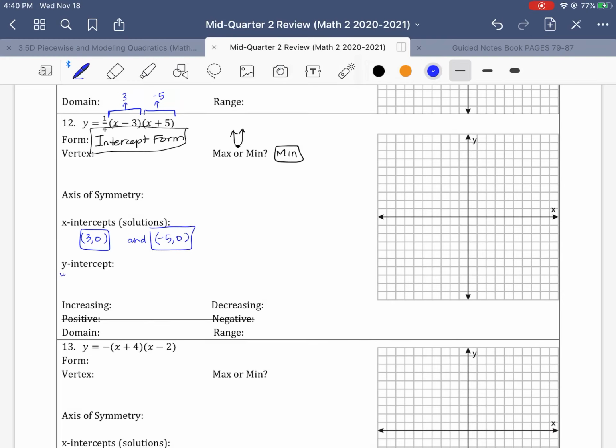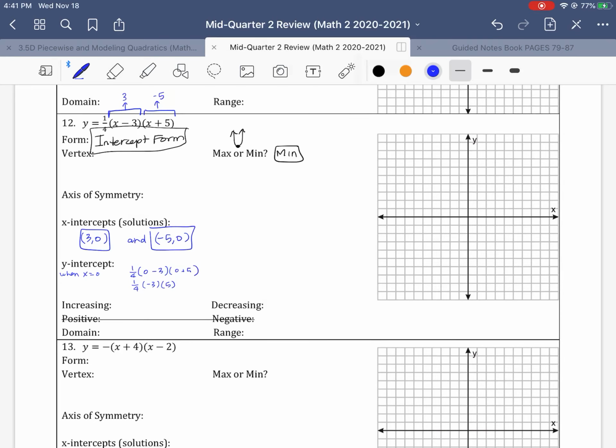And again, if I want to find a y-intercept, they occur when x is 0, just like we did on the last one. So we would just take our equation and we would put a 0 in everywhere there's an x. And if I simplify that, I get 1/4 times -3 times 5. And again, you can put that whole thing in your calculator.